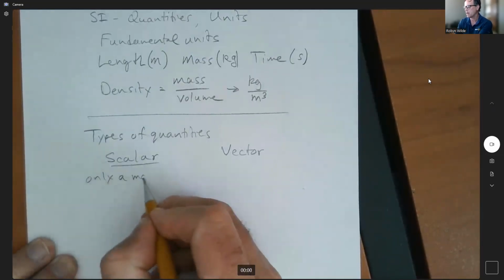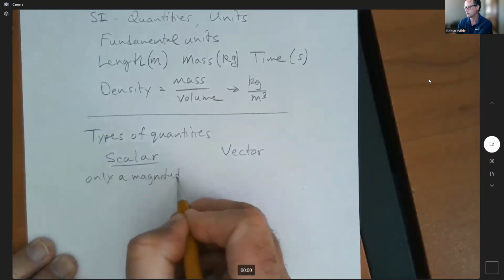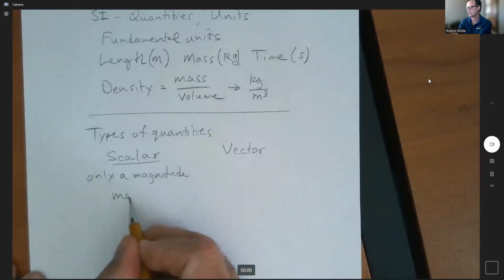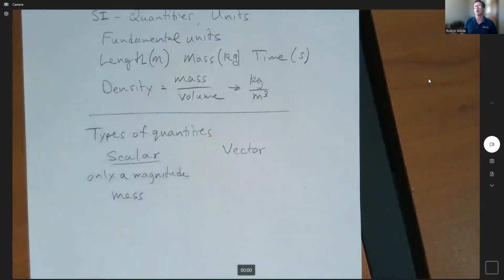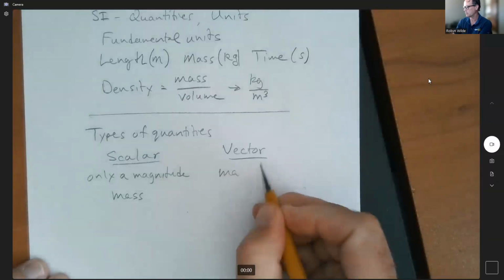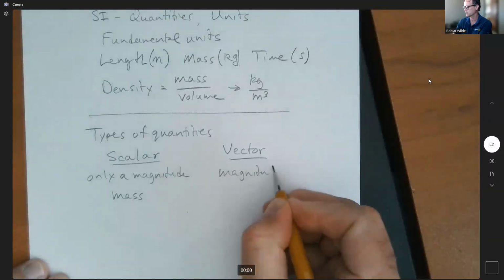Now, what do I mean by a magnitude? I mean a number, right? An amount. So as an example, mass is a scalar quantity, right? It has only an amount. I might say 5 kilograms. I don't say 5 kilograms to the west. And that's what distinguishes a vector. Vectors have a magnitude and a direction.